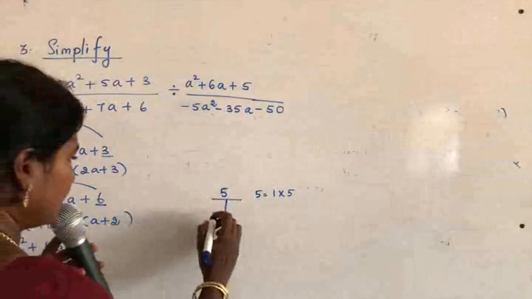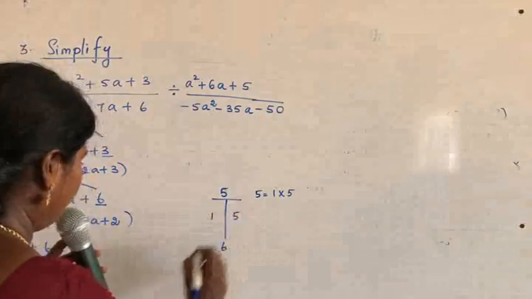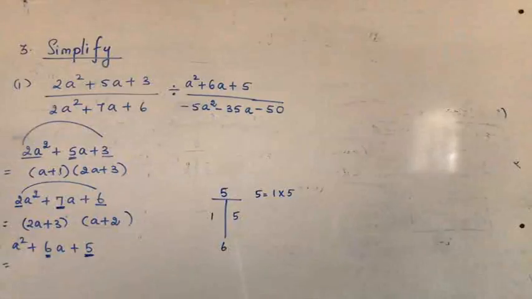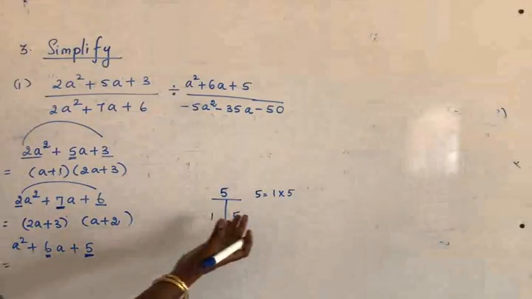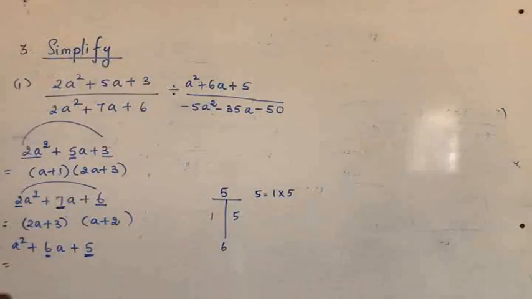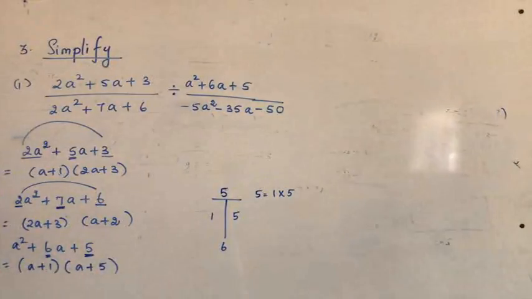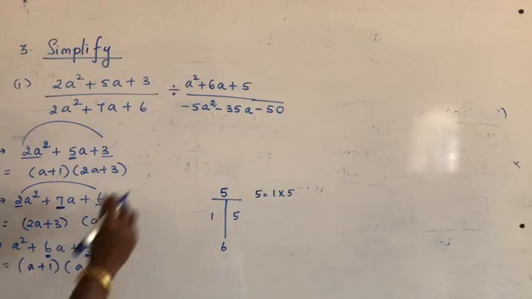So we are going to write down the numbers 1 and 5. Since the coefficient of the first term is 1, there is no need to divide by any number. So we are going to take the numbers directly as factors. So you get a plus 1, a plus 5. So we have factorized three expressions.